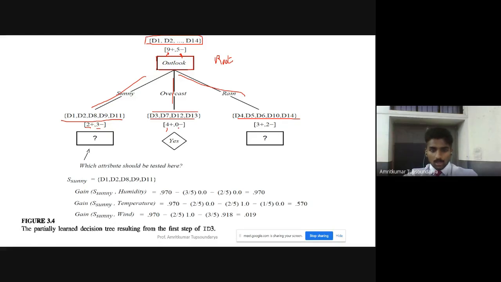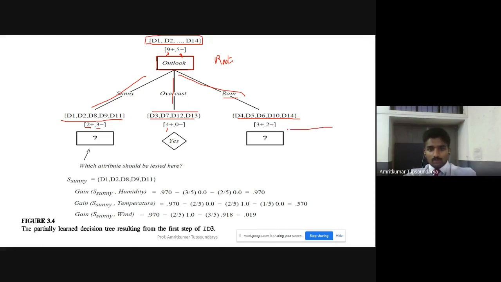Similarly for rain, 3 are positive. That means under 3 conditions we can play tennis if there is rain, and under 2 conditions we cannot play tennis when there is rain. These depend on the other attributes. So far, I hope everything is clear.